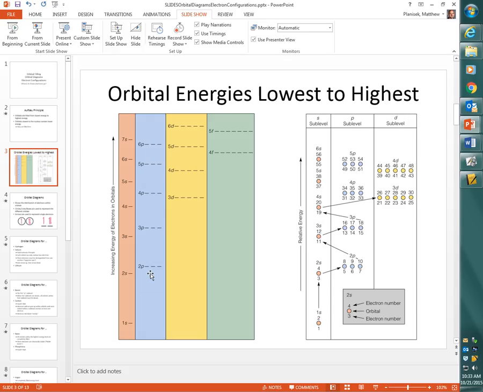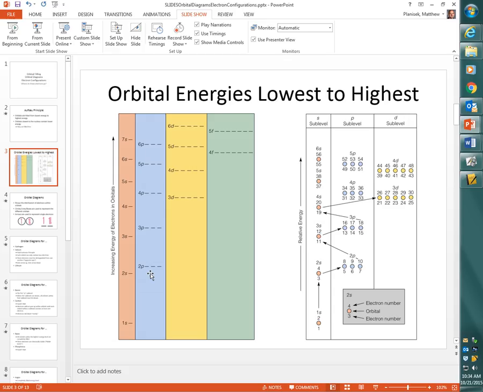Now, the very first thing that we wrote down in this outline was what? Lowest energy to highest energy. And we call that the what? The Aufbau principle.